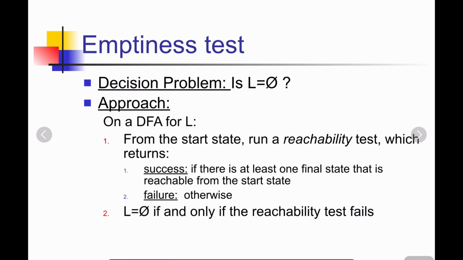Otherwise it is failure. Similarly, L is equal to phi if and only if the reachability test fails, that is, L is empty, meaning it will not reach any accepting state.